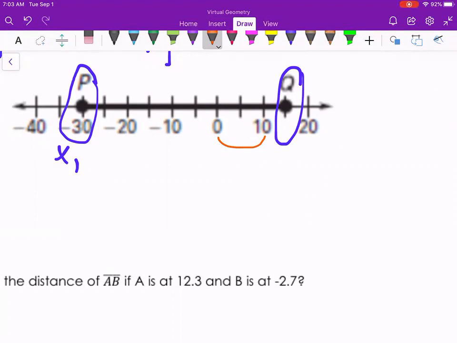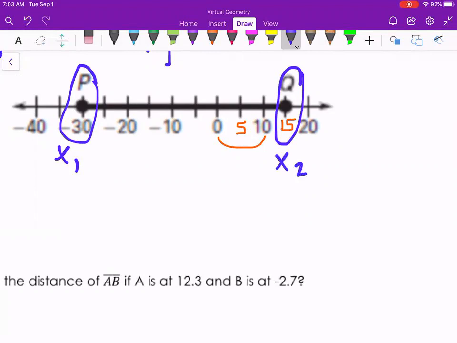If you've got marks in the middle between your numbers, you need to figure out what this number line is counting by. If my dash is halfway between 0 and 10, halfway gives me a 5. So I know now that I'm counting by 5. So 0, 5, 10, making this Q at a +15.